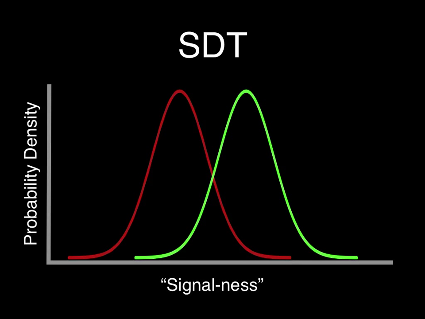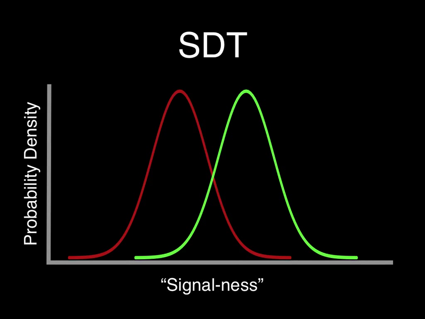So signal detection theory, a well-used tool in cognitive science. The general idea is that you've got an observer, and that observer is trying to make a decision with regards to the class of two types of stimuli. Or more specifically, what class a given stimulus will fall in given two types of stimuli.